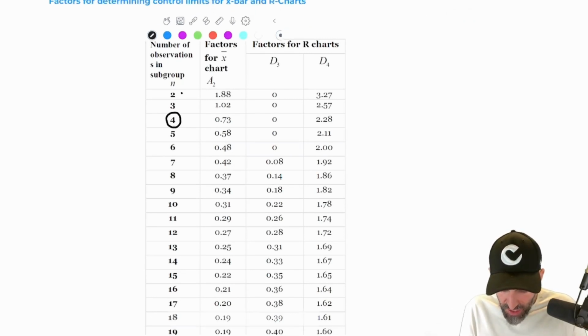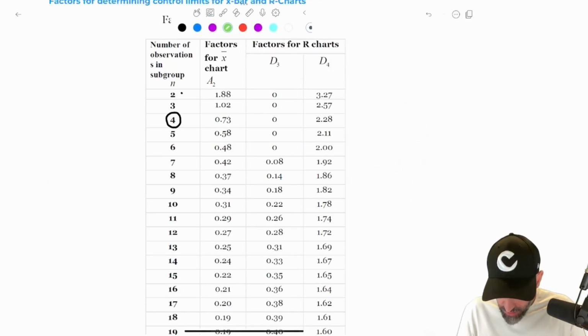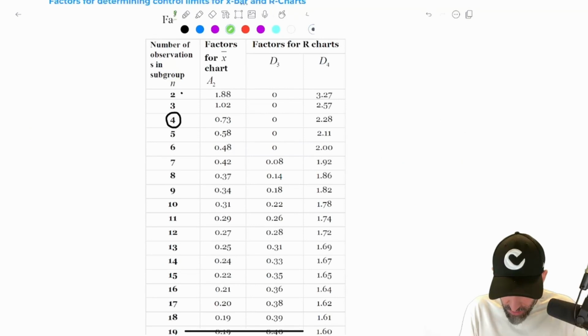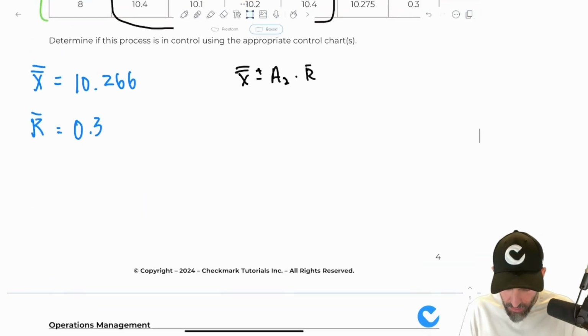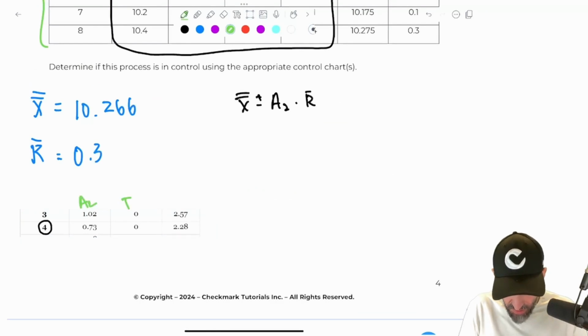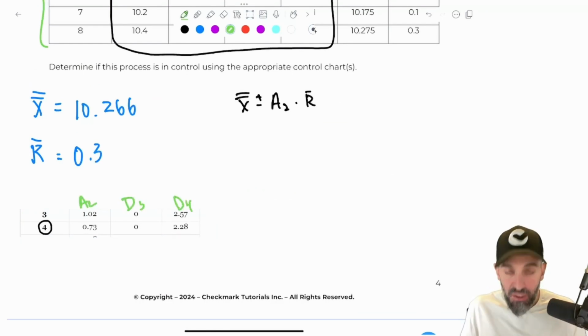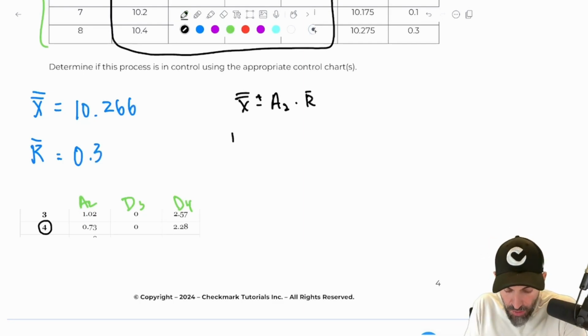So we're going to actually need all of these. We'll need D3 and D4 as well for something else. So what's going on here? Okay, so I'm going to grab this little clip of the table. So A2, D3, D4. Don't worry, these numbers are meaningless on their own. You don't have to interpret them. They're just factors. So Xbar-R is 10.266. A2 is 0.73. R-bar is 0.3.